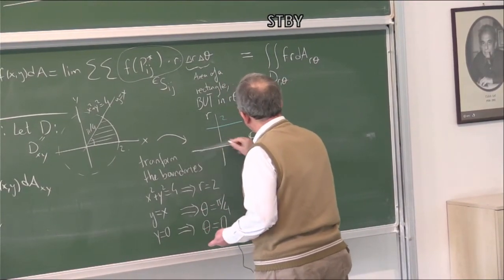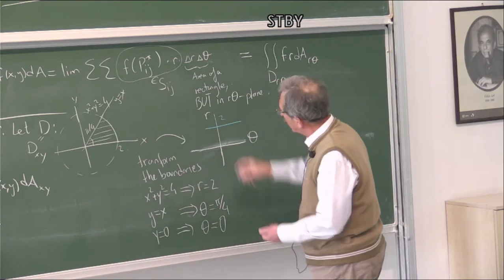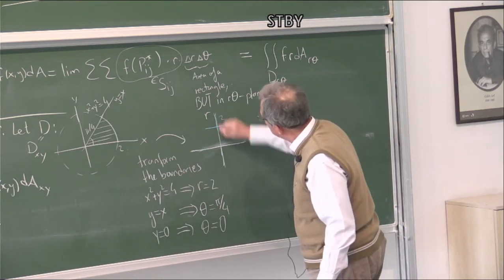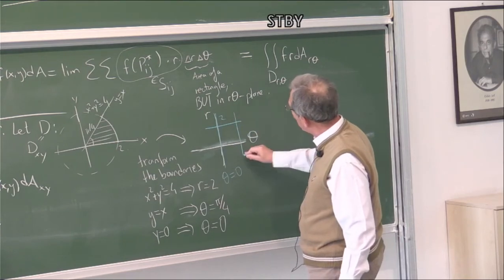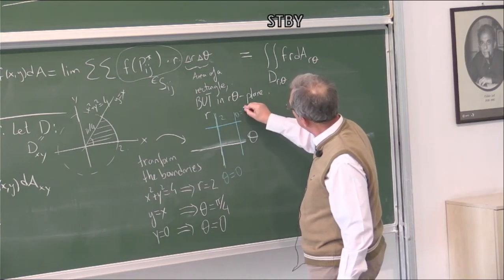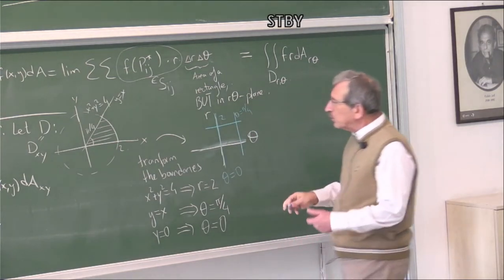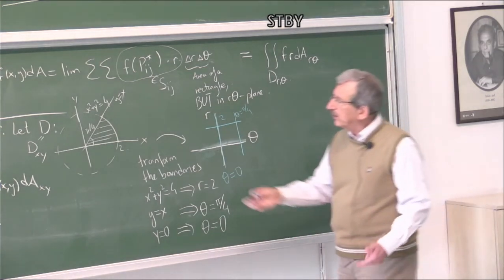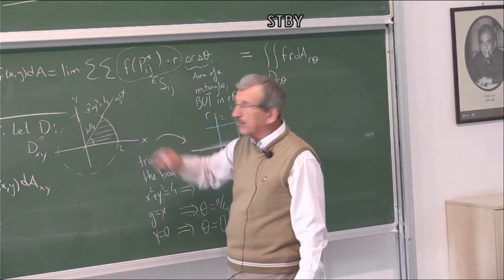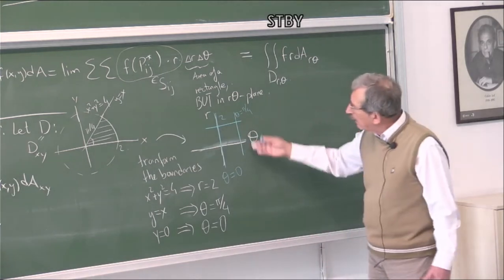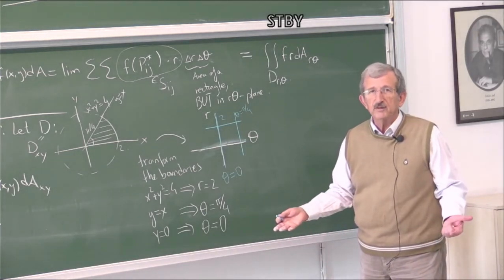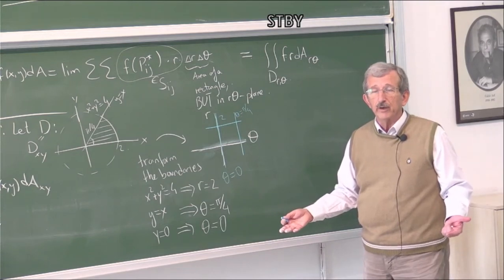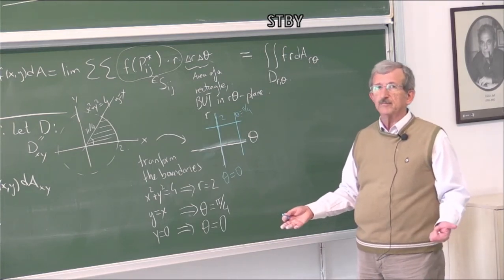Theta is 0, so we have this. And theta is pi over 4. So we see that actually here we had 3 boundaries, and we have 3 boundaries here, but one side is open. Well, it's not logical. Actually there are 4 sides.